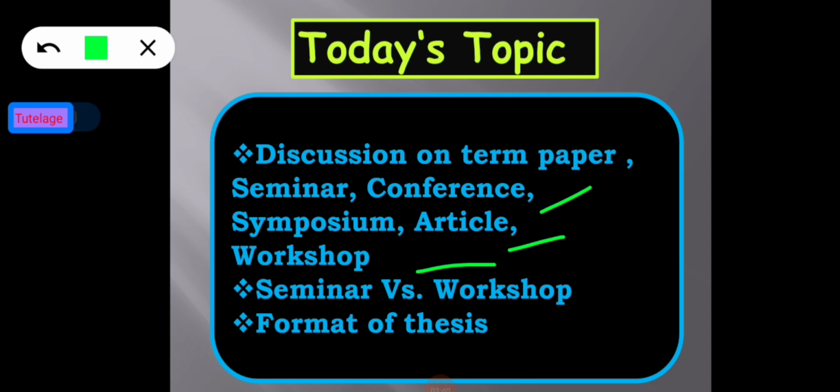Now going to the second point, that is seminar versus workshop. That indicates the differences between seminar and workshop. And last but not the least, the format of thesis. So move on to the main slide and let's start the discussion.